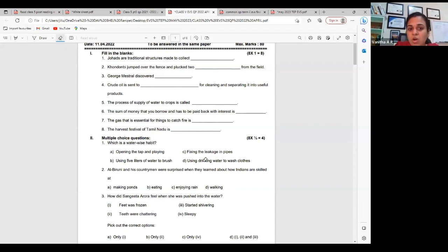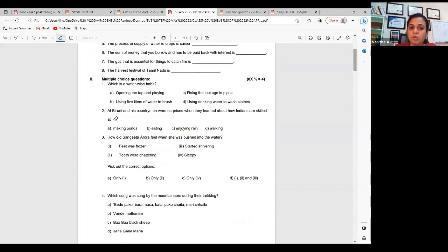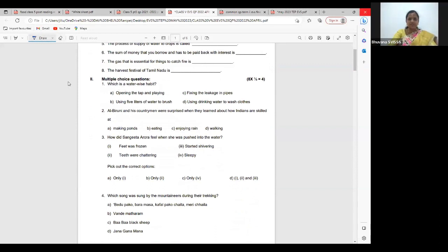Now next is, which is a water-wise habit. So teachers, you can just go through questions like this as I scroll. Some of you may not know the NCERT textbook, but some of these are from NCERT. The sum of money that you borrow and has to be paid back with interest. What is it? Loan.